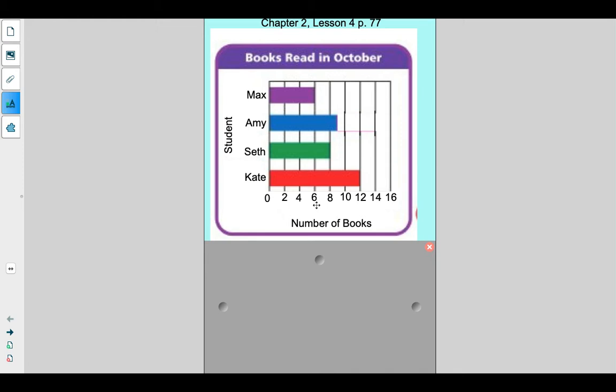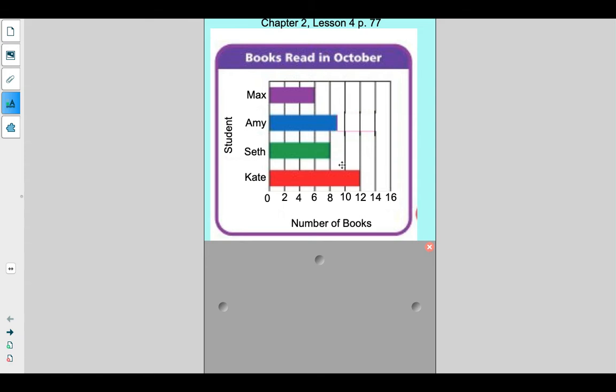So that's pretty simple. But then we can start getting kind of creative in our thinking too. So maybe you noticed the 2 girls, Kate and Amy, maybe you noticed that 12, which is how much Kate read, and let's see, this one, Amy, is between 8 and 10. So what would be between 8 and 10? You can even think about a number line. It would be the number 9.